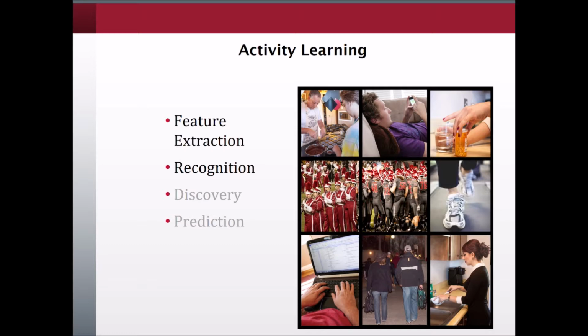Other aspects of activity learning include activity discovery, or automatically discovering activity patterns from mobile sensor data, and activity prediction, or predicting or forecasting the upcoming occurrences of activities based on currently observed sensor data and past routines as established from the mobile sensor data.